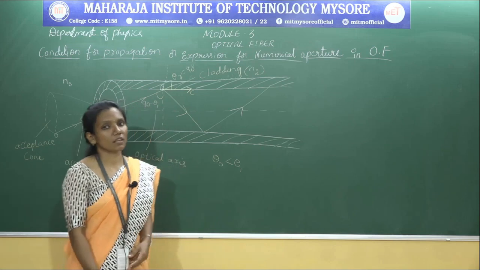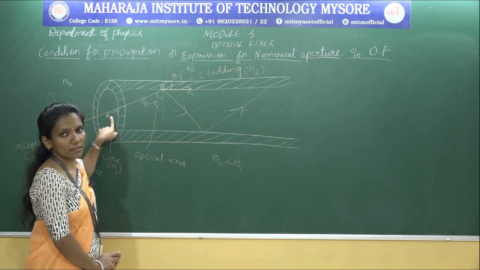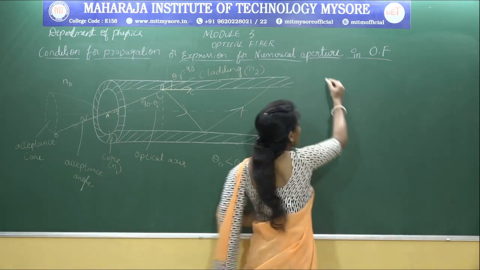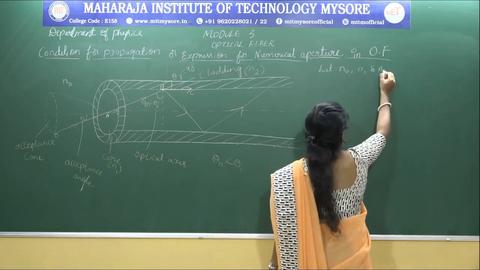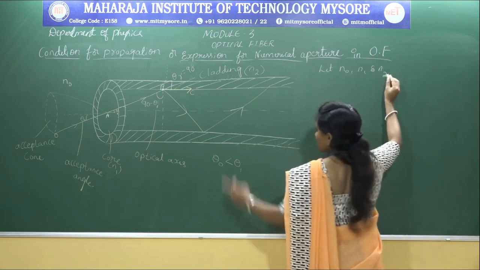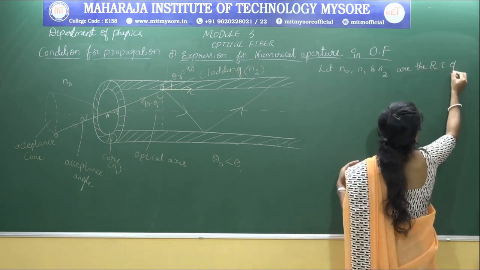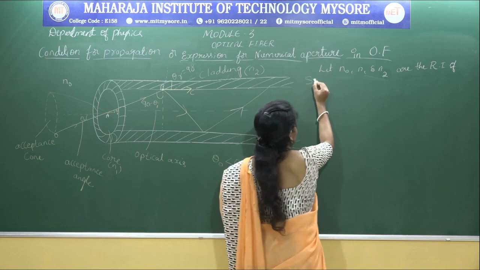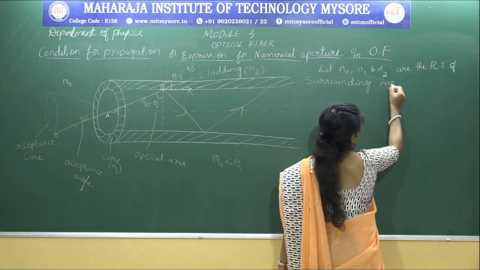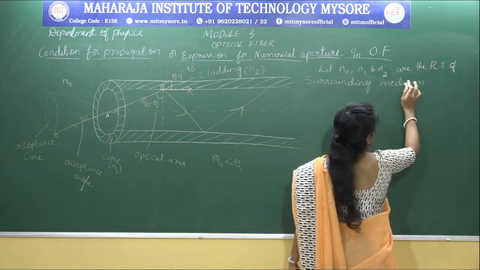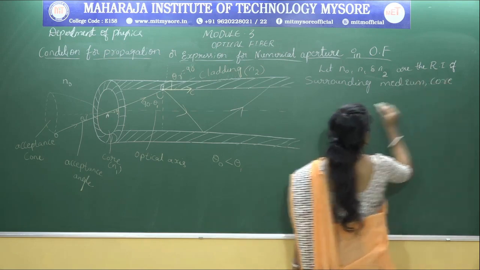Then we apply Snell's law at point A. n0, n1 and n2 are the refractive indices of the surrounding medium, core and cladding.